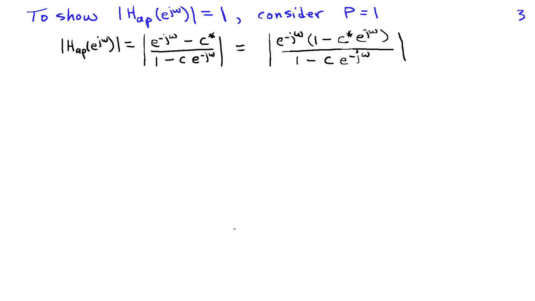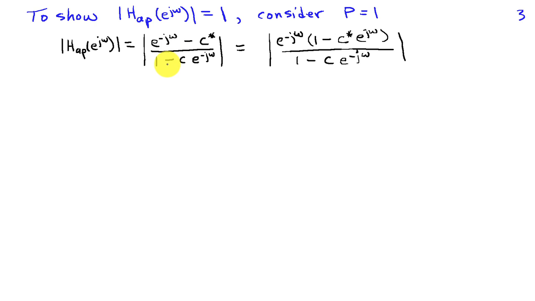Now to look at the magnitude response of an all-pass system, we're going to just consider one term, because if we can show that the magnitude response is 1 at all frequencies for a single term, then when I multiply all those terms together, it'll also be 1. So let's take the case where we have a pole at c and a zero at 1 over c conjugate.